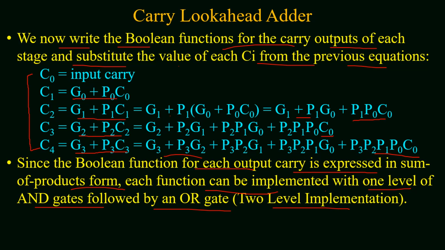Unlike the ripple carry adder, in which C3 has to wait for C2 and C2 has to wait for C1, in this scheme all the carries are calculated at the same time because all the information is available.